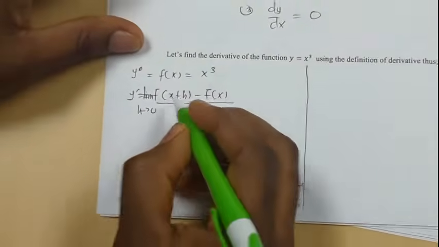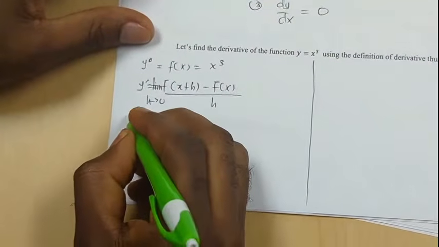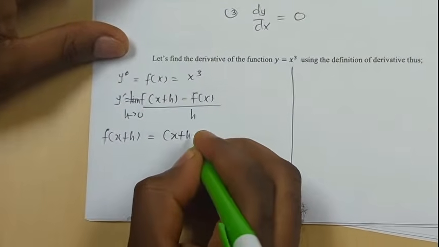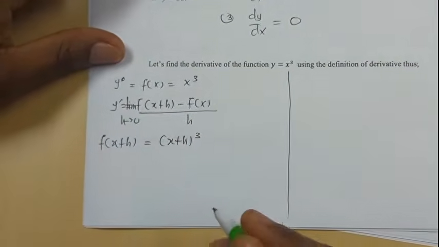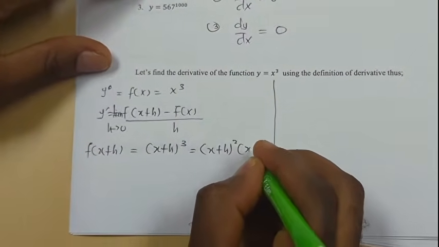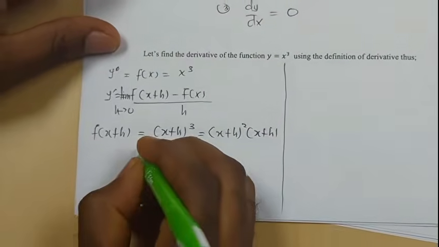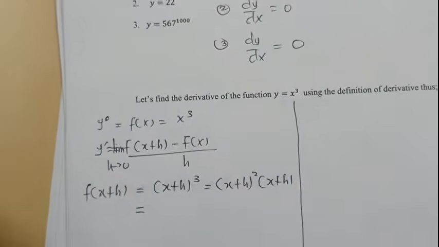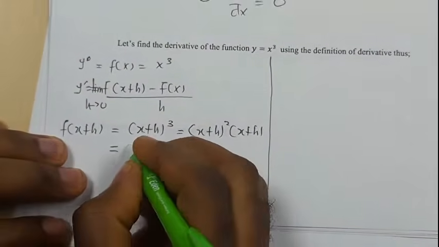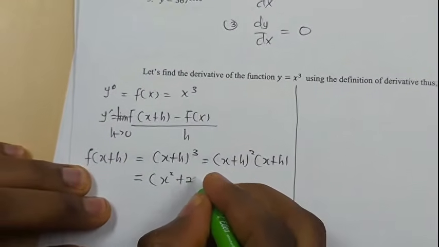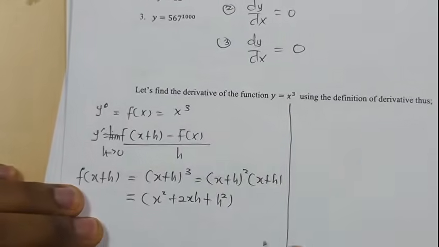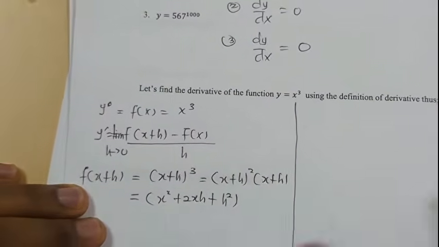So from here, we know that our function is x cubed. So if we want to find f of x plus h, that will be equal to x plus h all cubed. So this can be x plus h squared times x plus h. So when we expand x plus h squared, we'll get x squared plus 2xh plus h squared.